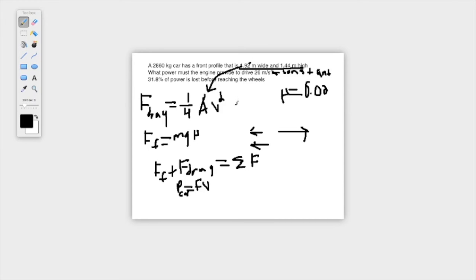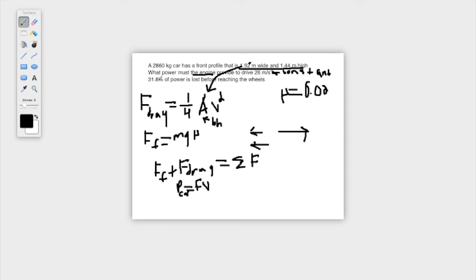Sorry for not mentioning that. So then you can calculate the power of the car, but it's the power of the engine that we're trying to find.